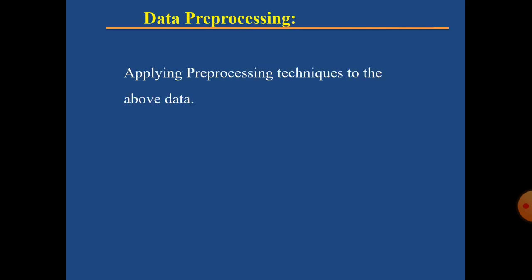Coming to our second step, data pre-processing. Data pre-processing means, if there is any incomplete data, missing values or inconsistent data, we fill that. There are different methods we follow.